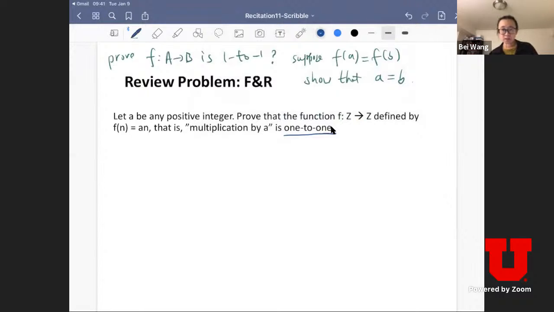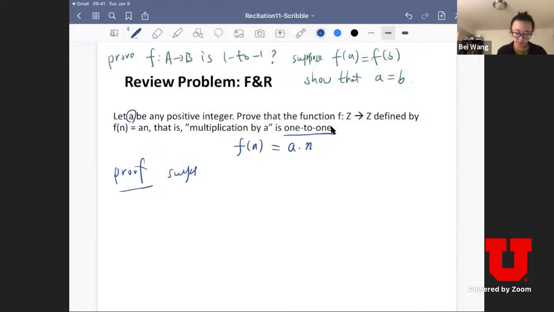So now let's see this. This actual proof is only roughly 3 lines. a is a positive integer, and the function f(n) is defined to be a times n, where n is an input variable. I want to prove this to be one-to-one, so here's my proof.